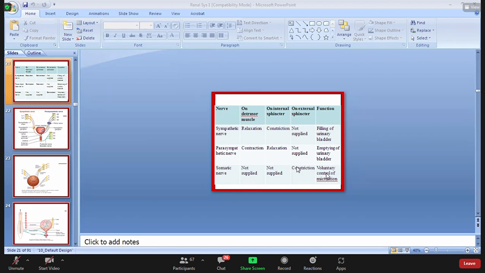Yes, ma'am. Then once the micturition reflex becomes powerful enough, it causes another reflex, and this reflex passes through the pudendal nerve to the external sphincter. There is inhibition of the external sphincter by stimulation of the pudendal nerve, which is also known as the somatic nerve.